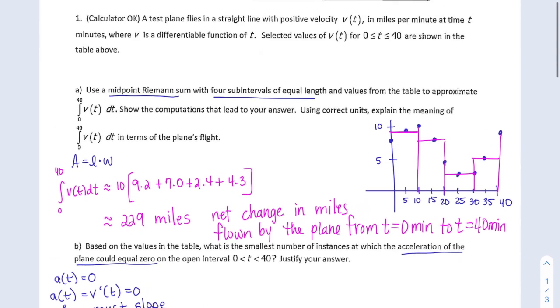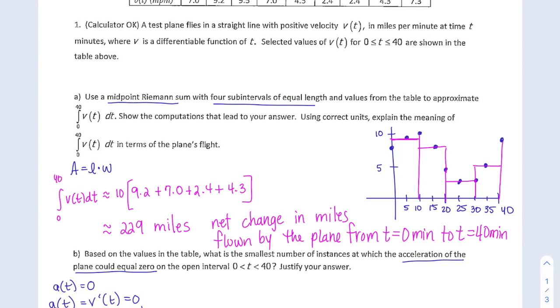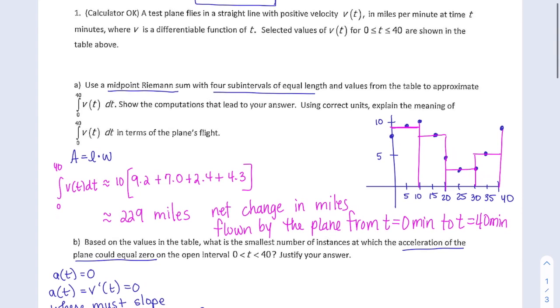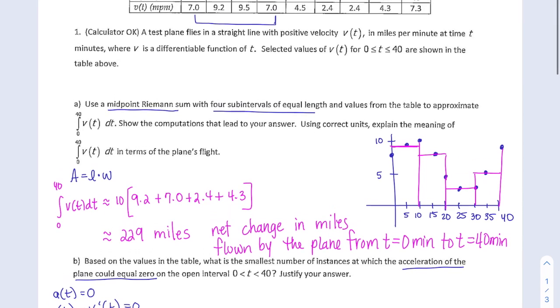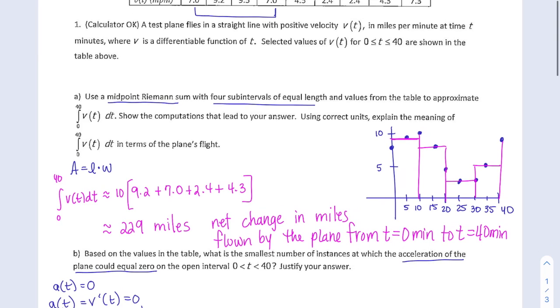So if I look at here, slope of 0, let's think about secant lines. All I have to work with is this table of values. So where would the slope of the secant line between 2 points on this table be 0? And that would be where we have y values that are the same. So I notice that we have the same y value for v of 0. v of 0 equals v of 15.